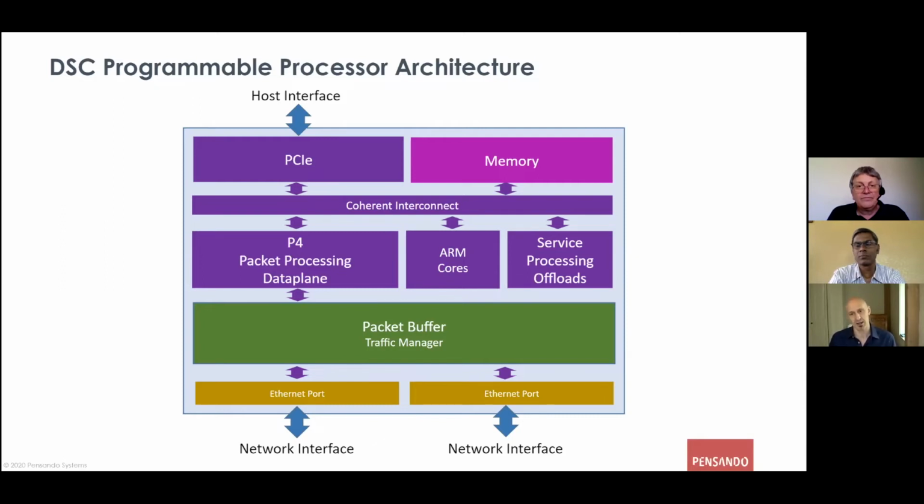So we can leverage those for those specific functionalities. And all of these processing elements have access to a memory, which is pretty sizable. We have two versions, 4 GB and 8 GB. And so this memory can be used to store state from the process.